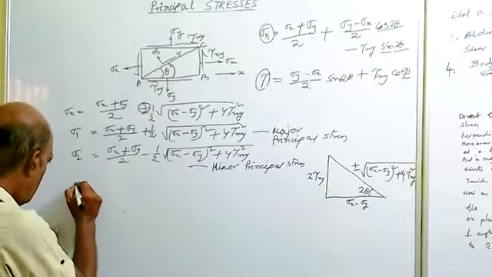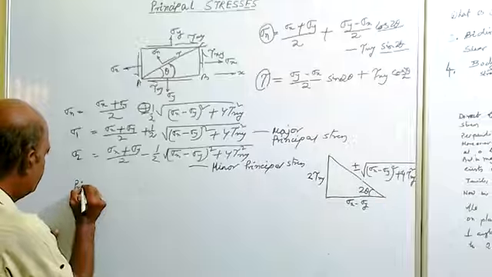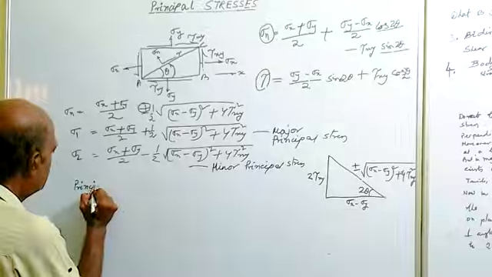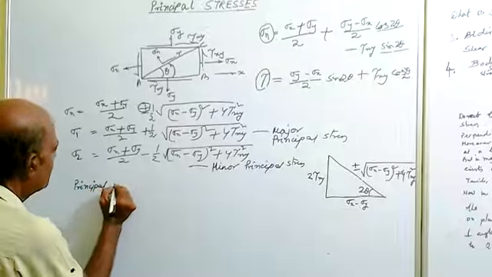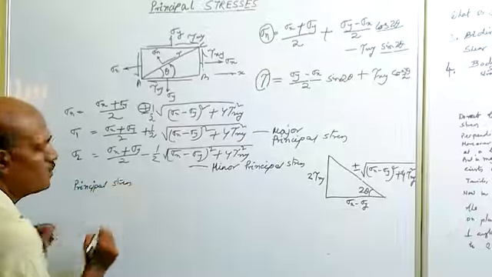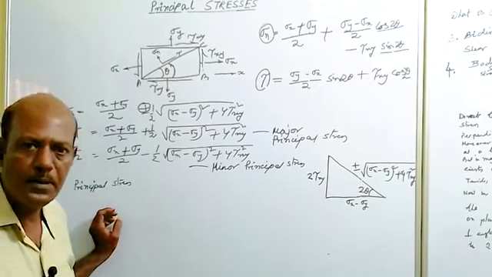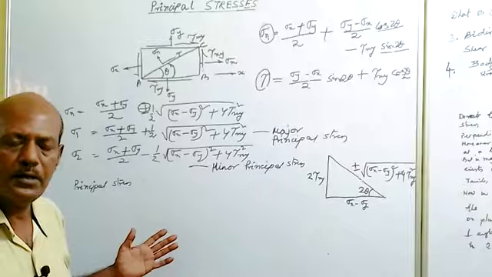So what is principal stress? We have seen principal plane. Now we will see what is principal stress. The principal stress is the stress which is acting on the principal plane, and that is also a normal stress.